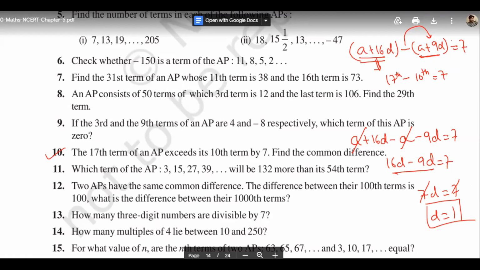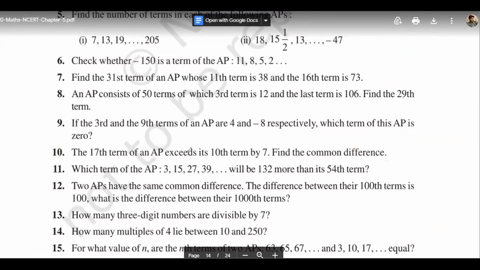Let me help you. How will you be able to solve this one? Which term of this AP is 132 more than its 54th term? So actually for this equation, we know that we need to find out that which term of this AP is 132 more than its 54th term.